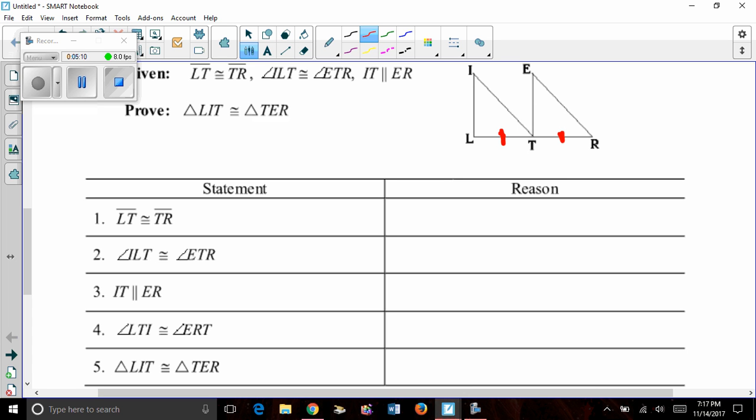We have that ILT, this angle here, is congruent with ETR. And kind of an odd piece is that IT is parallel with ER. Those are supposed to be little triangles to show parallel.